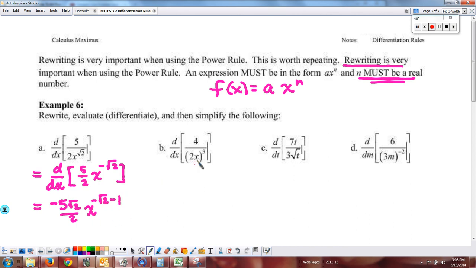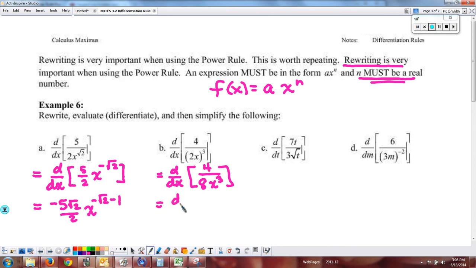Okay? Same thing here. I'm going to rewrite this one. Now notice that over here, the 2 has nothing to do with this power because there are no parentheses. Here I have parentheses. So when I go to rewrite this, I bring the verb down because I'm just rewriting. I haven't performed the action of the derivative yet. That this 2, really the first thing I should do is probably distribute. 2 cubed is 8x cubed.